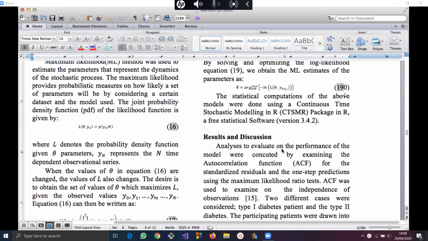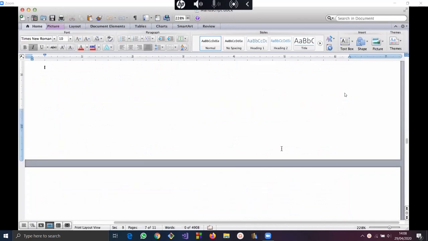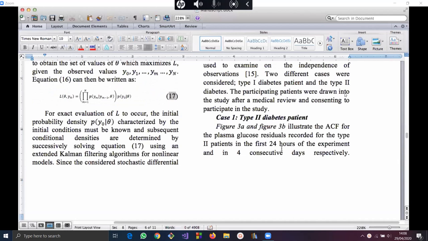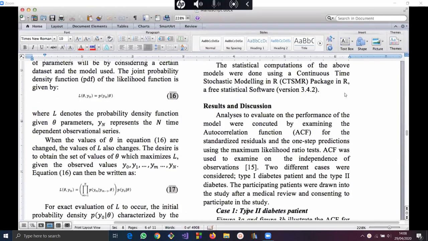Now, in our result, we had first of all to solve for different cases. The first case was this, and we were using patients, real patients. So it's not something fictitious. It's real patients. This was done somewhere outside this country.